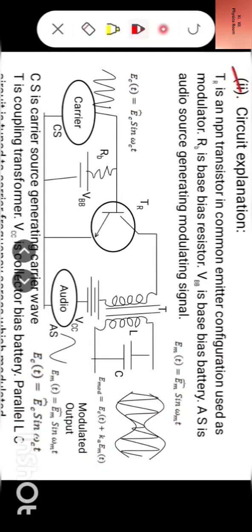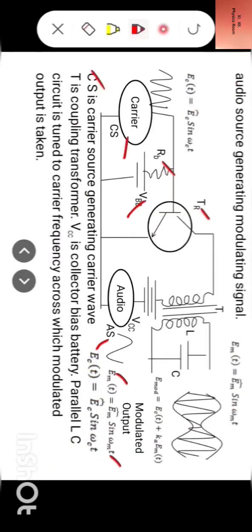Second, circuit explanation. TR is an NPN transistor in common emitter configuration used as modulator. RB is base bias resistor, VBB is base bias battery, AS is audio source generating modulating signal, EMT is equal to EM max sin omega MT. CS is carrier source generating carrier wave, ECT is equal to EC max sin omega CT.